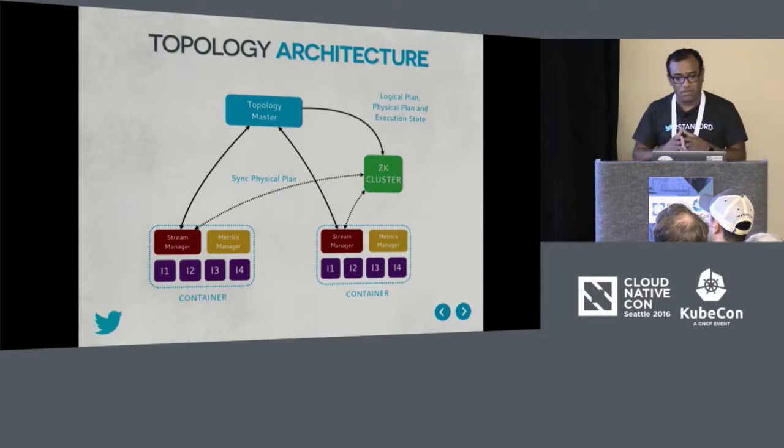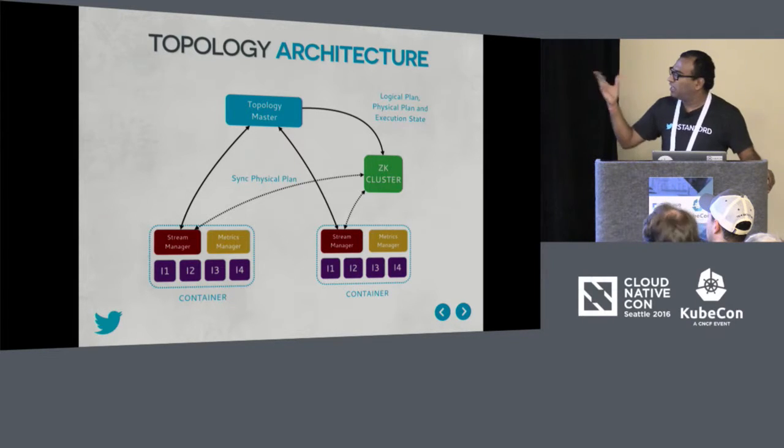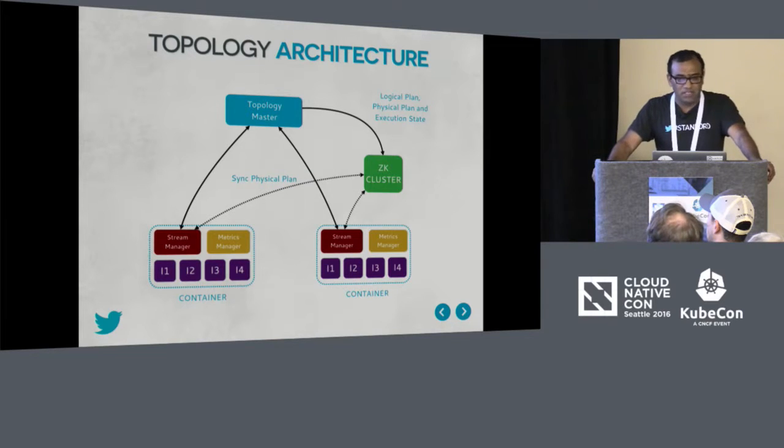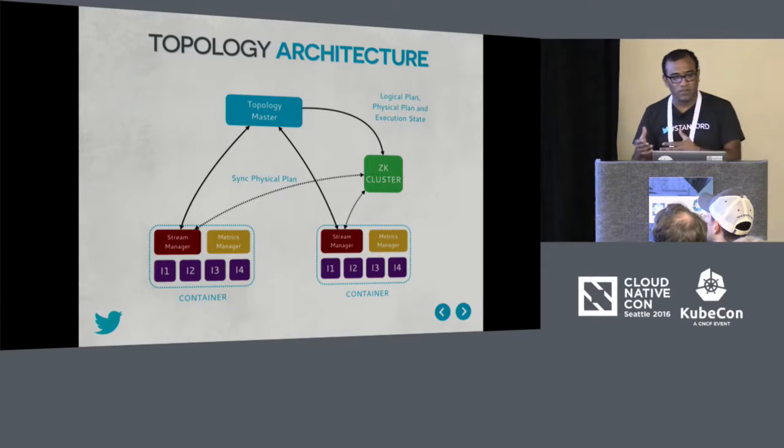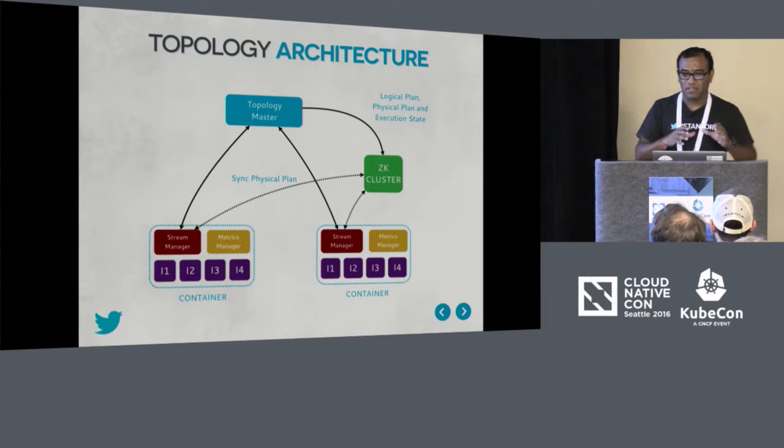When a topology gets launched, the master container is the first container that gets started. The master container contains the Topology Master, which is the first process that comes up. It looks at the DAG and how many resources it needs, and also runs something called a packing algorithm. Which means: I need a total of 10 containers, so how do I pack the parse tweet bolt tasks, the word count bolt tasks, and the tweet spout task into multiple containers, so that everybody knows which container they are running on?